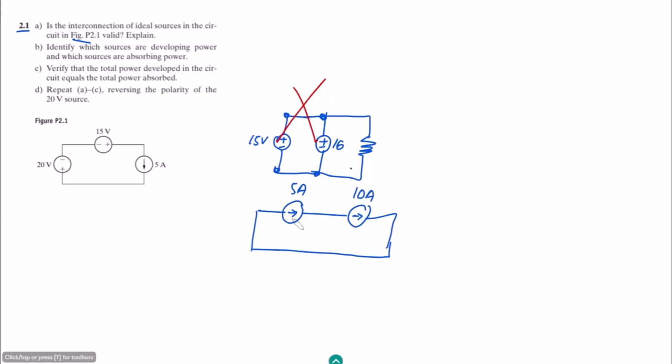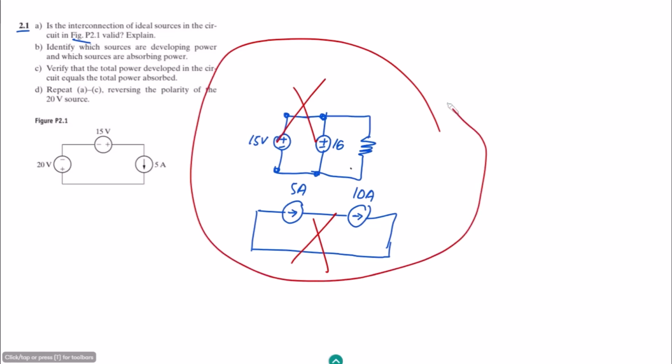In this series branch, we know that the current always remains the same. So therefore these types of circuits are also incorrect and are not valid circuits. Okay, so if you see any other combination just like these, you should keep in mind that these connections are invalid.